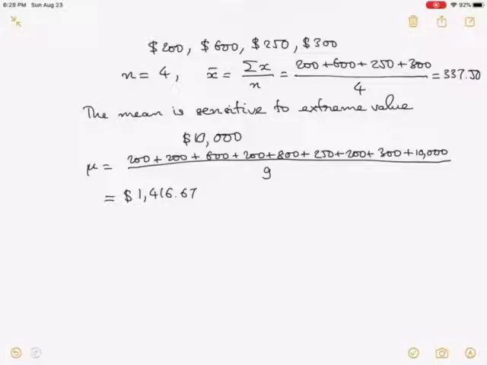So the median is the median data value when the data are put into ascending order. Half of the data values lie below the median and half lie above.